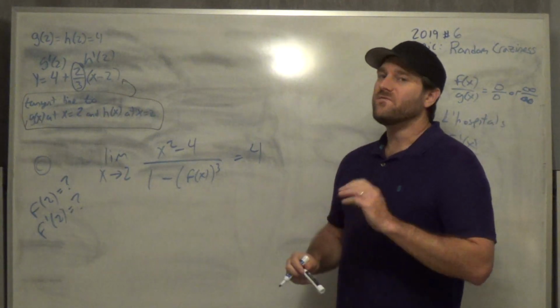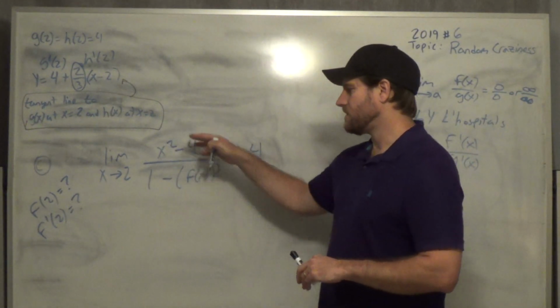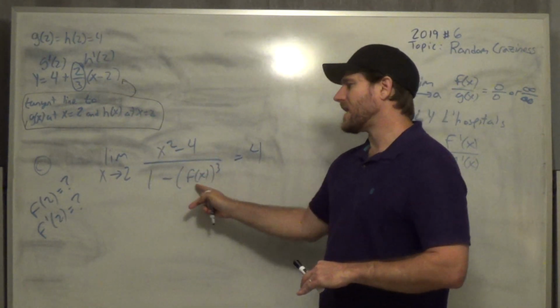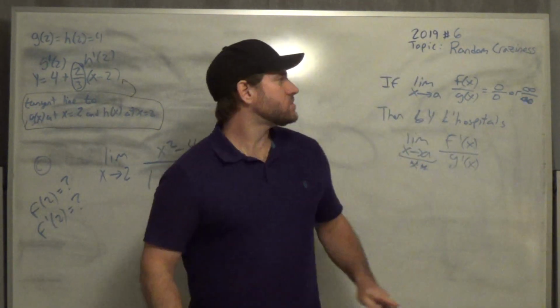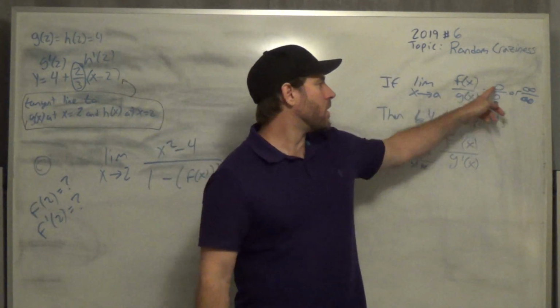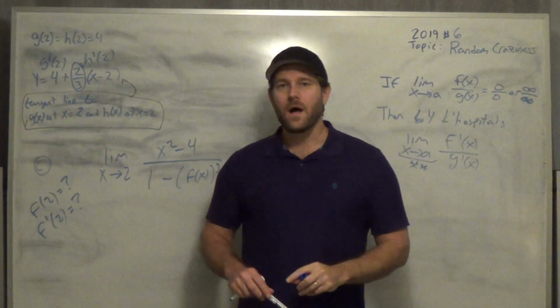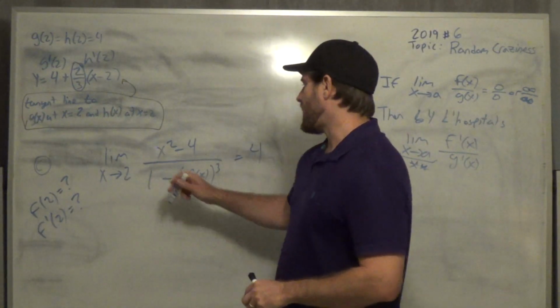So the very first part is, how am I going to use this? I'm not doing L'Hopital's yet. How am I going to use this to find f of 2? And this is how. When can I use L'Hopital's? If I get 0 over 0 or infinity over infinity. Well, let's go ahead and try our limit question.